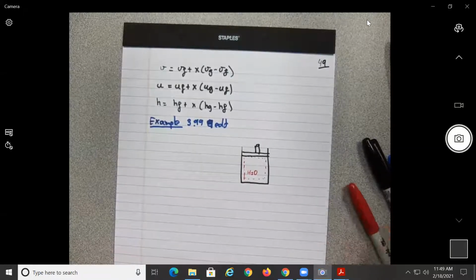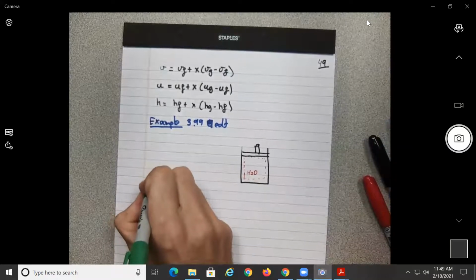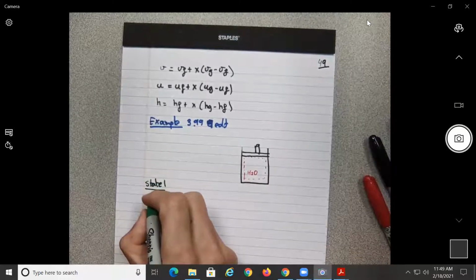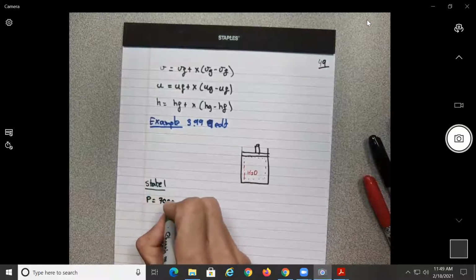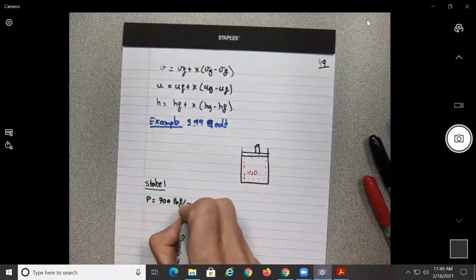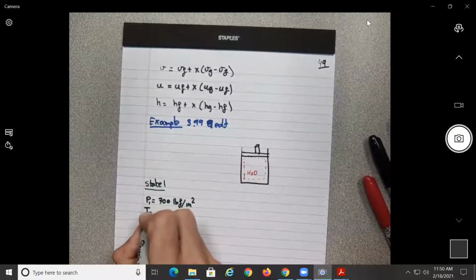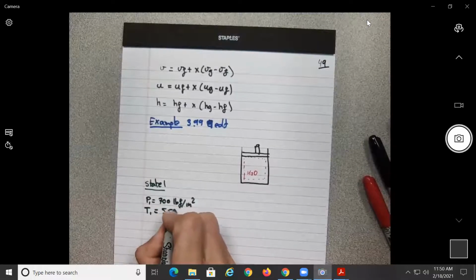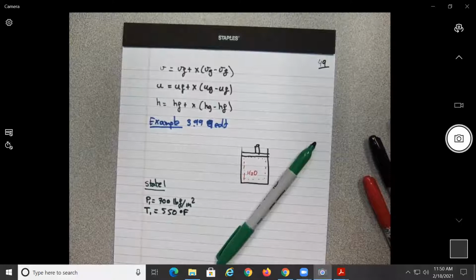Next, what do you know? You know that at state 1, the pressure was 700 lbf per square inch, so 700 psi, and the temperature, so P1, T1 was 550 degrees Fahrenheit.